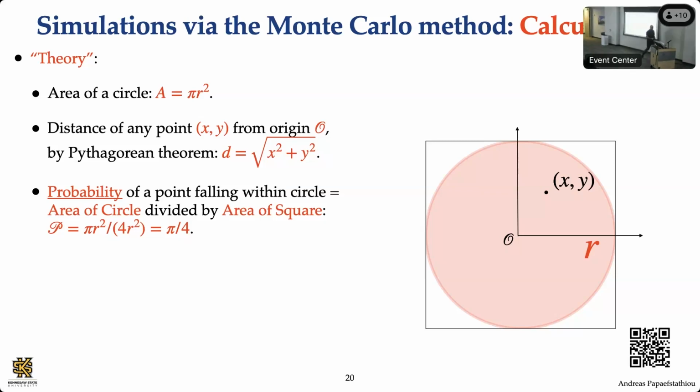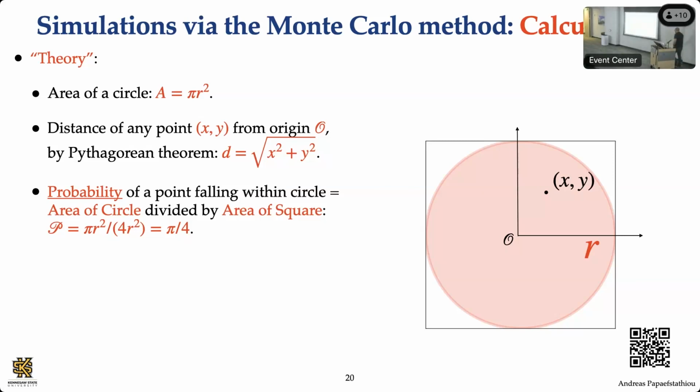The other element of theory is that if I draw this circle with its origin on the xy plane, then the distance of any point from the origin is given by the Pythagorean theorem: d squared is x squared plus y squared.